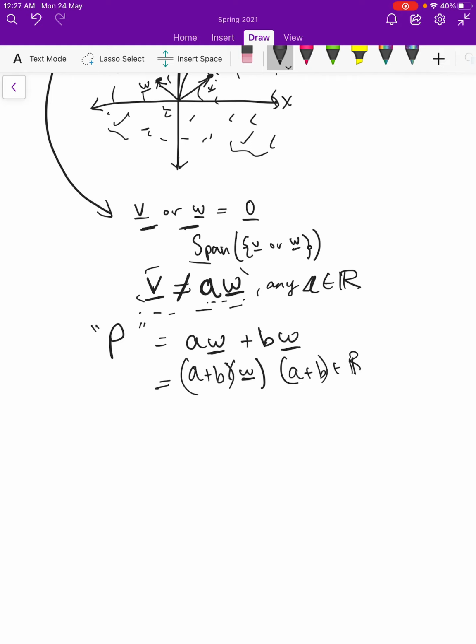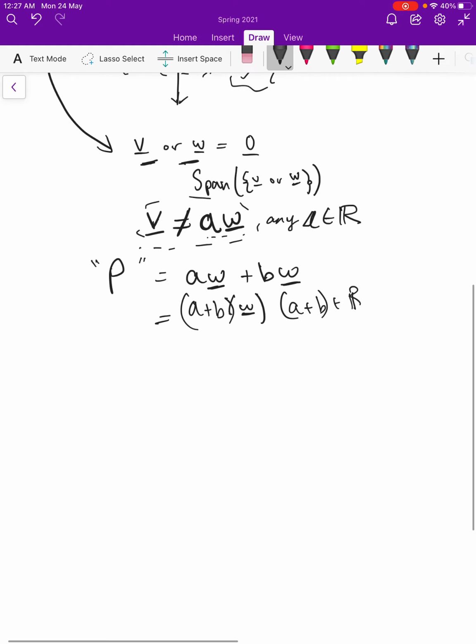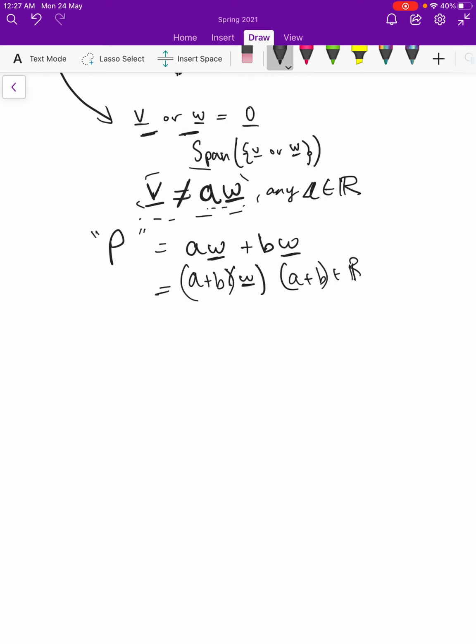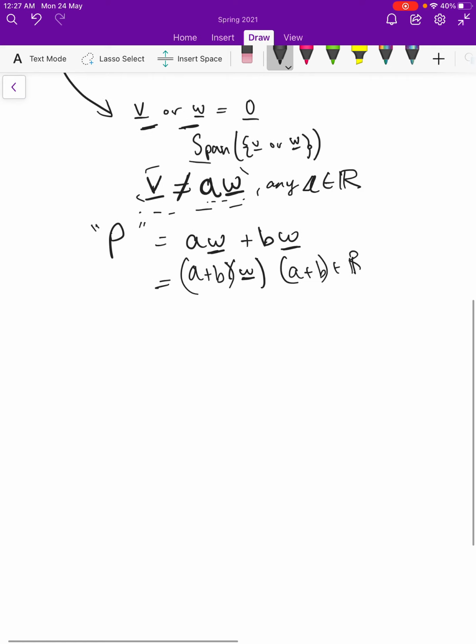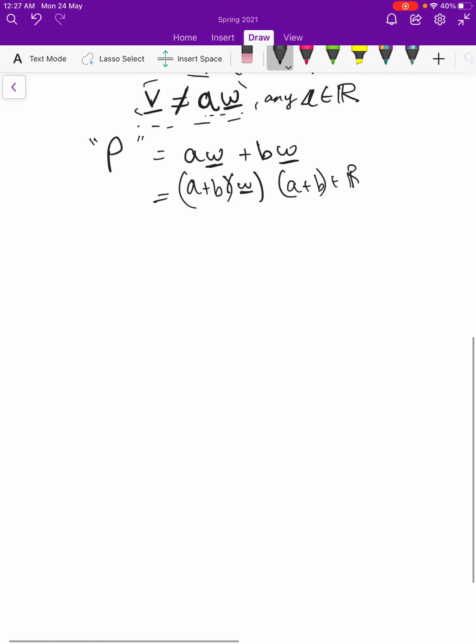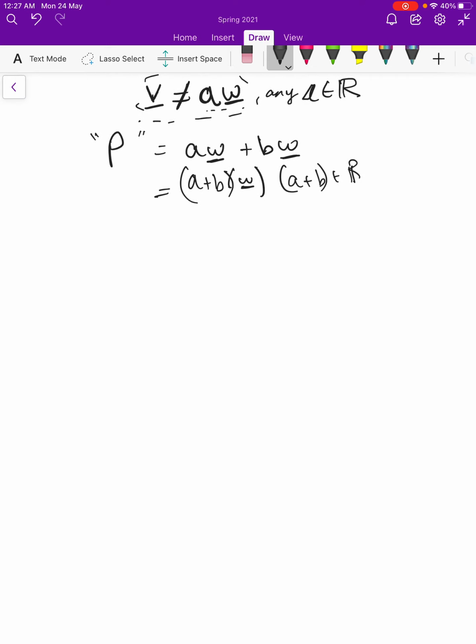So this is basically a line through the origin with the scaling. A plus b can be set to another real number defined by a variable c or something. So that's basically how we can represent our basic spans and things that affect these.